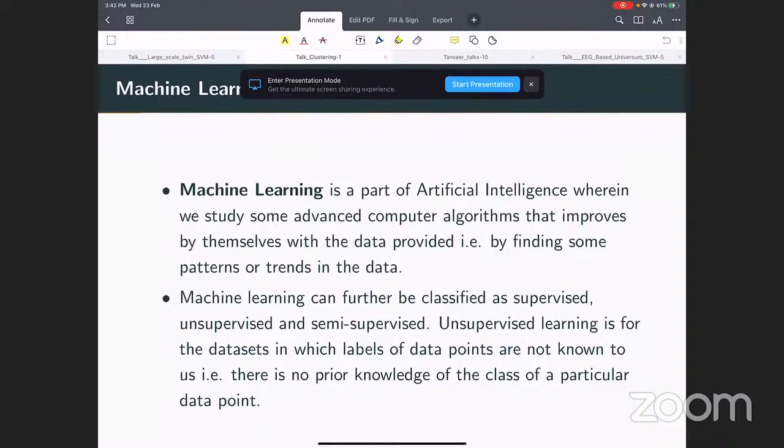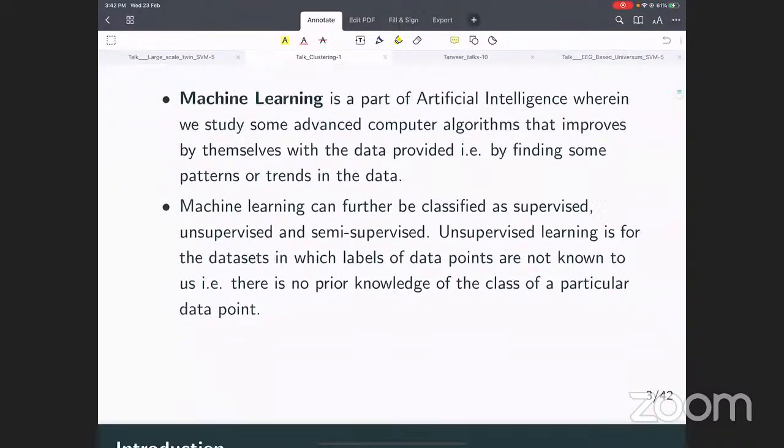Machine learning can be further classified into supervised, unsupervised, and semi-supervised. Here the idea is to discuss unsupervised learning, where labels are not known to us and there is no prior knowledge of the class of a particular data point.